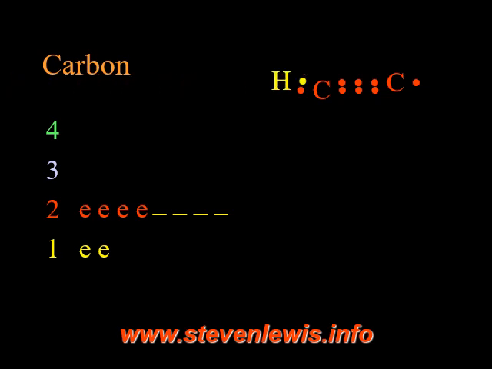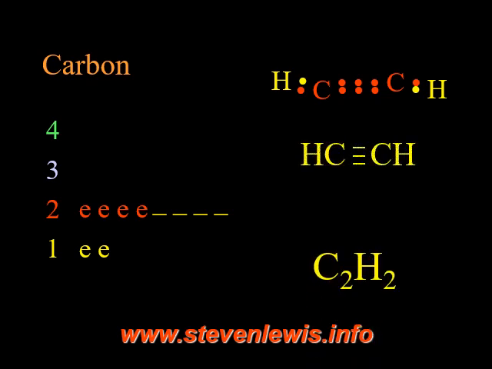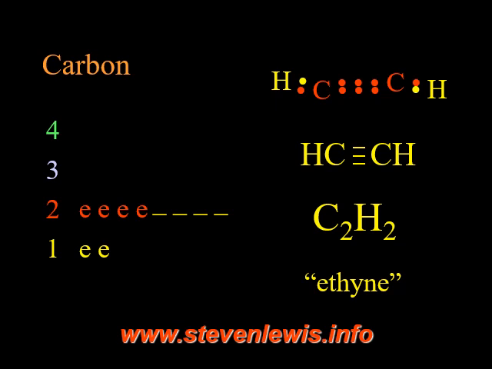So we'll bring in some hydrogens to provide the missing valence electrons. And we can symbolize this by showing 3 dashed lines between 2 carbons, representing a triple covalent bond. And we can write this as C2H2, which is also known as ethine.